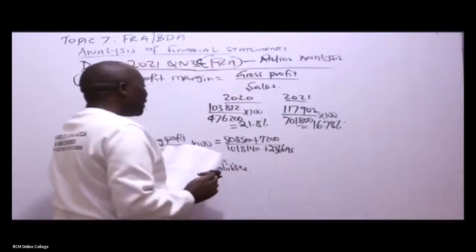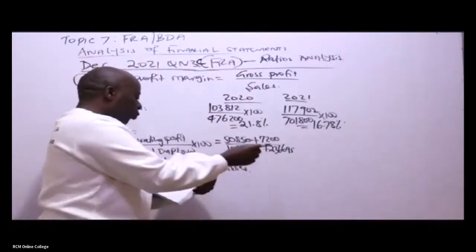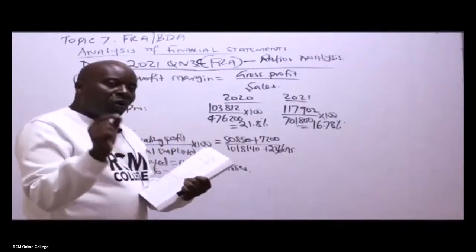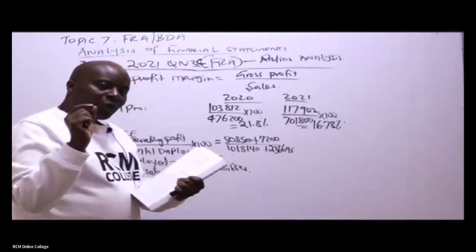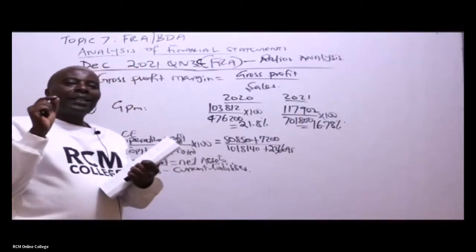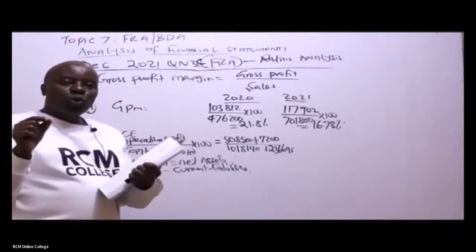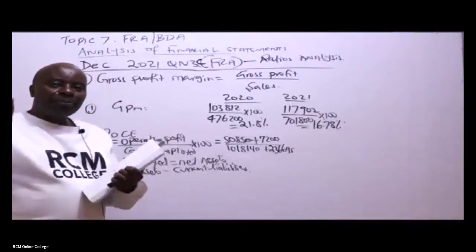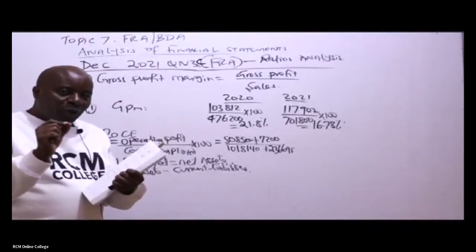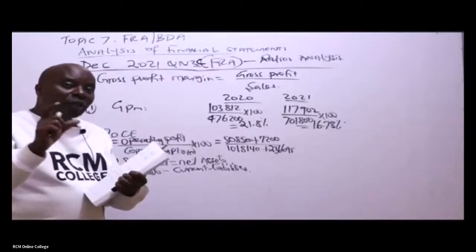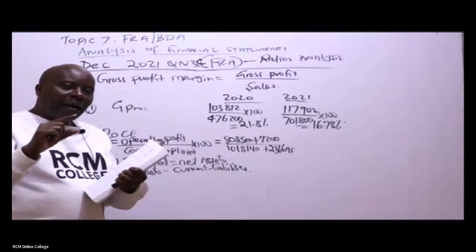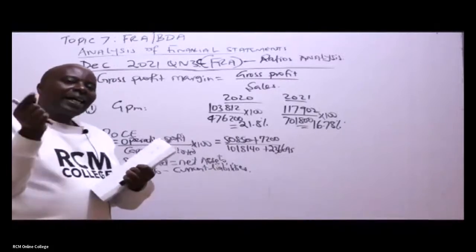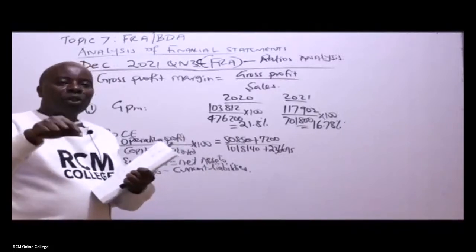Now, ladies and gentlemen, when I add the two, I will have gotten what we call total assets. And yet, whenever we talk of capital employed, we are looking at the capital employed into the long term. Remember, out of these total assets, there are current liabilities which will be paid in the short term.